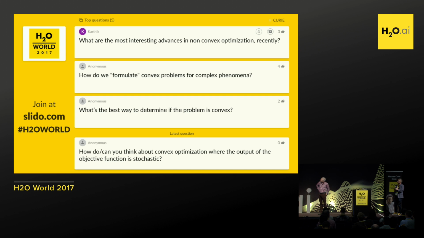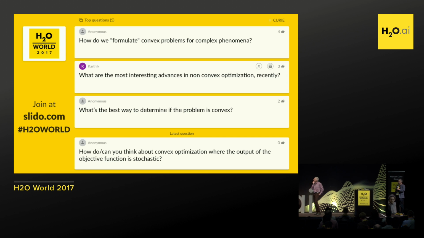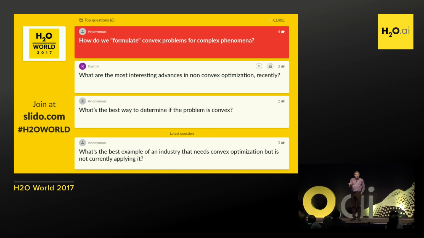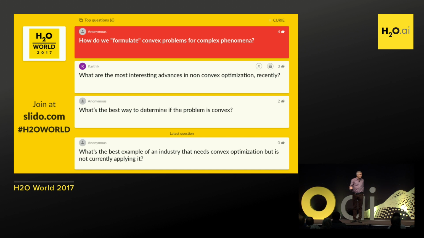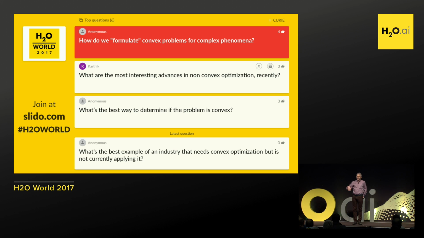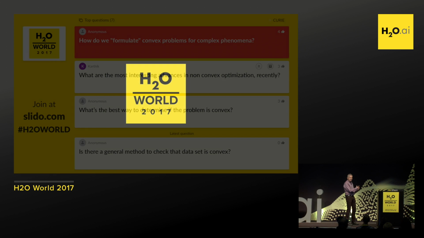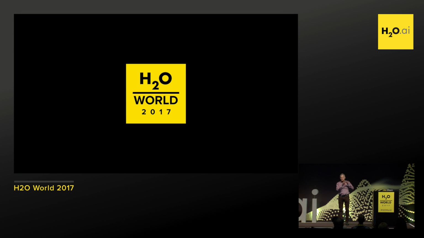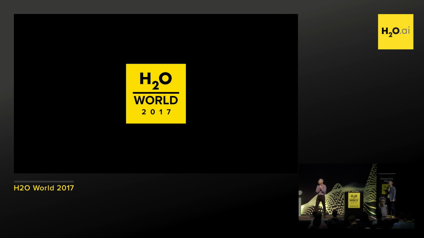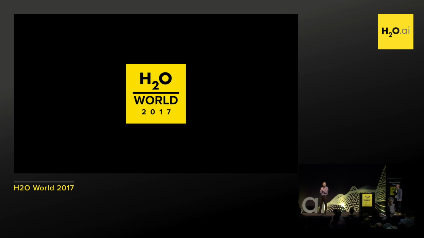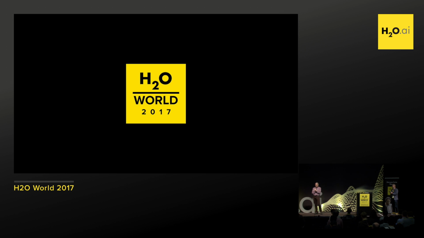Let's see. How do we formulate convex problems for complex phenomena? That's a great question. In the class I teach, everyone's in a sandbox. We pretend everything is convex, and that's a good way to learn. That's with your training wheels on. We give them problems that are all exactly convex, but once you've mastered the basics, then we turn to street fighting tricks. Some of them are simple.